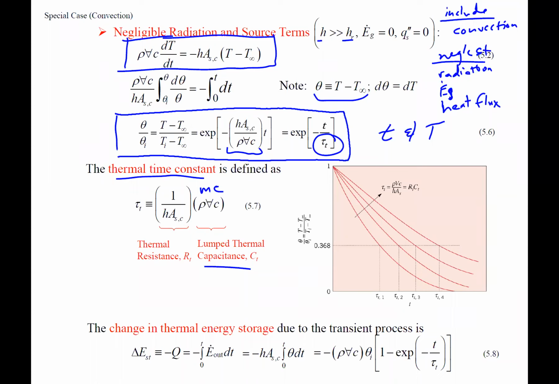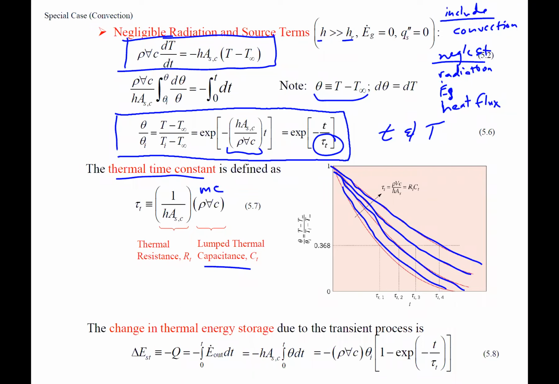Relate the thermal time constant. If you change the convection coefficient or you change the material you're looking at, one will change the resistance, one would change the capacitance, so they would change that thermal time constant. And as you change your thermal time constant, it changes how that curve looks.